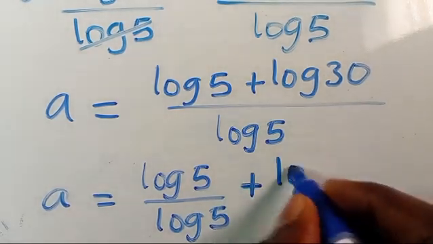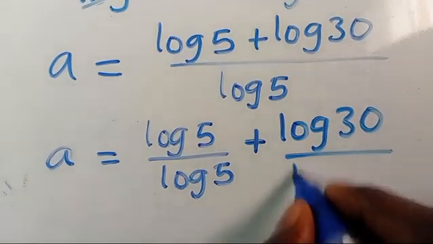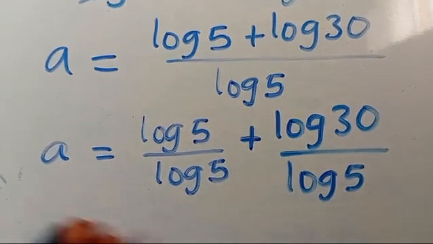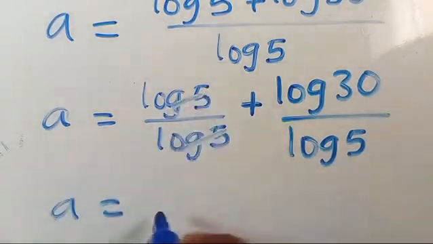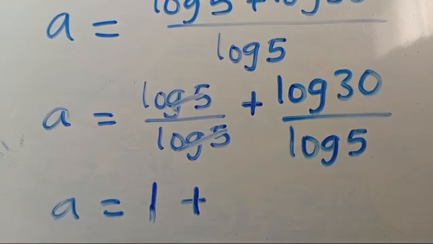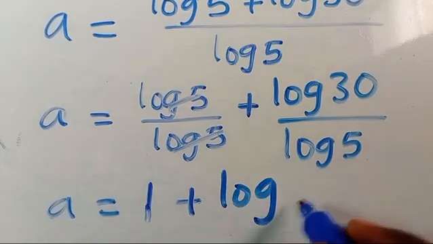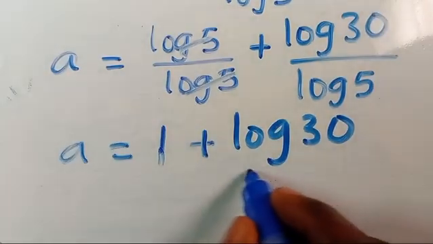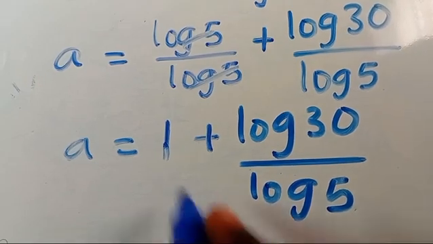plus log 30 divided by log 5. A will be equals, this will divide by this, we have 1 plus log 30 divided by log 5.